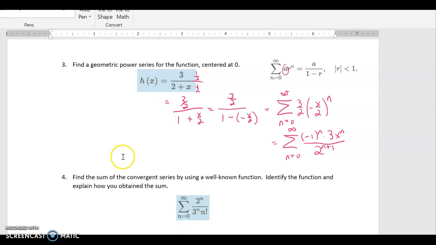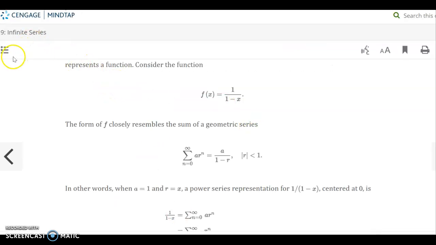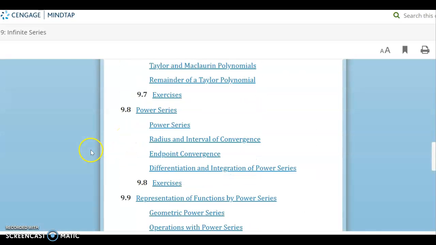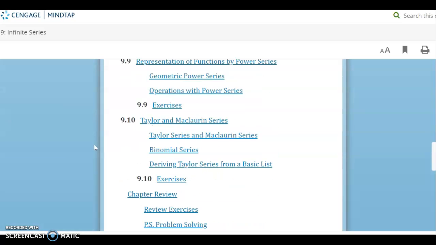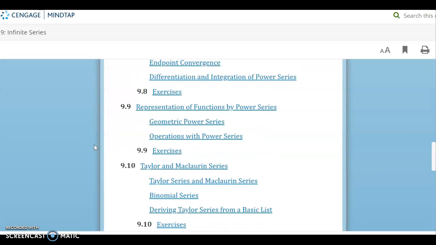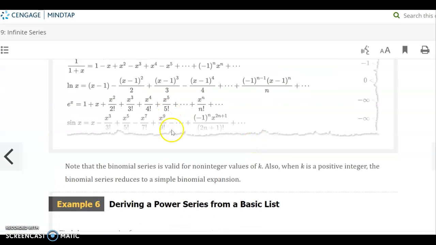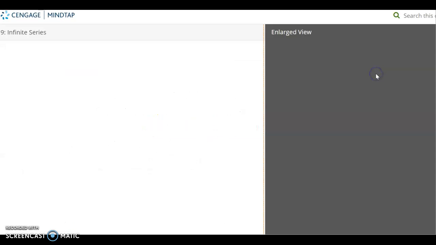By the way, for the next one, for example, find the sum of a convergent series by using a well-known function. If you see something like this on your final, say, oh, well-known function series. Well, I've got a list of those, right? So hopefully you're referring to your book, but let me show you the list. Here it is. This is a list of all your Taylor series.